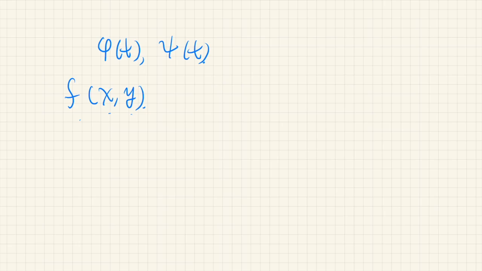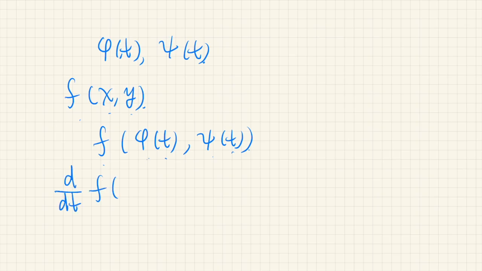Then we can compose these functions: f of phi of t and psi of t. So this is a composite function of f, phi and psi, and as a whole, this is a univariate function of t.